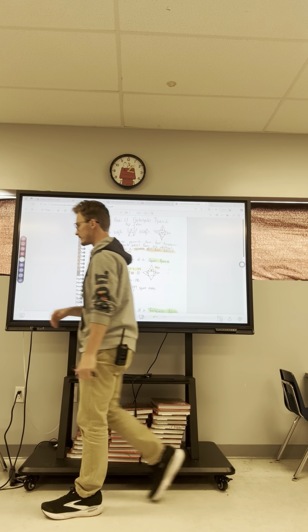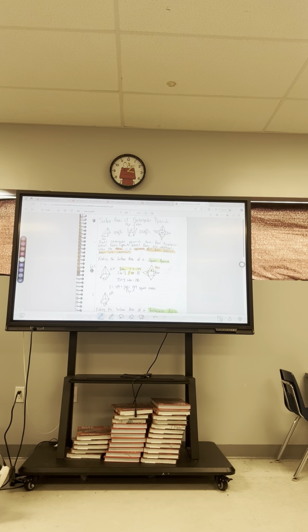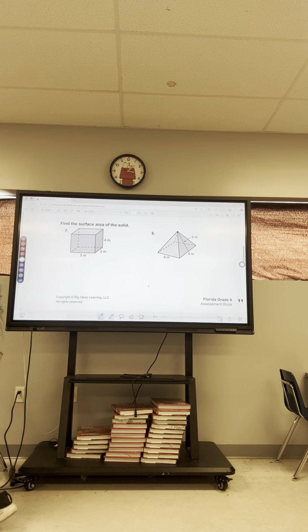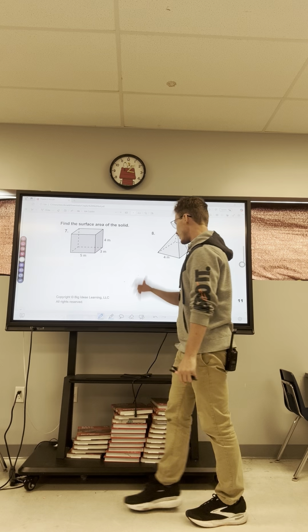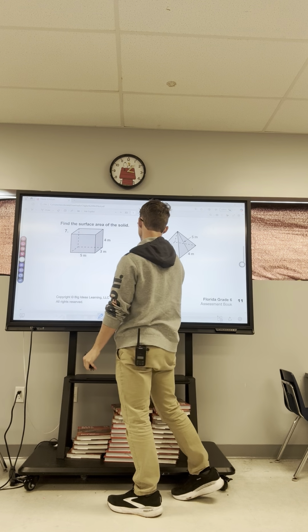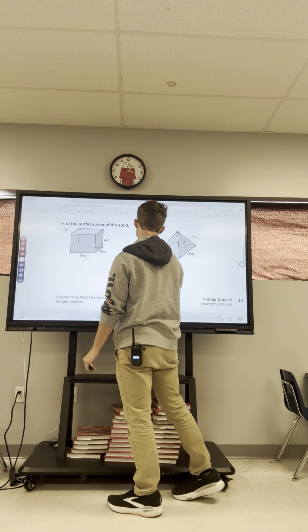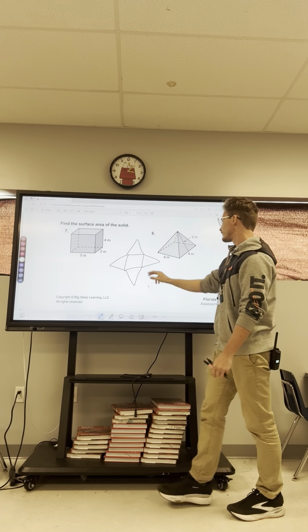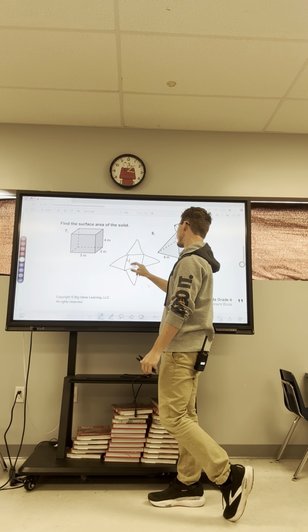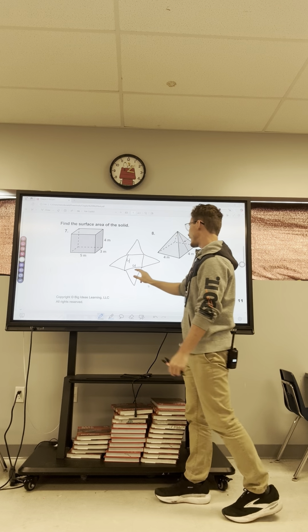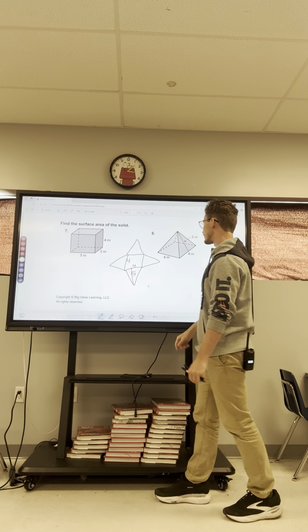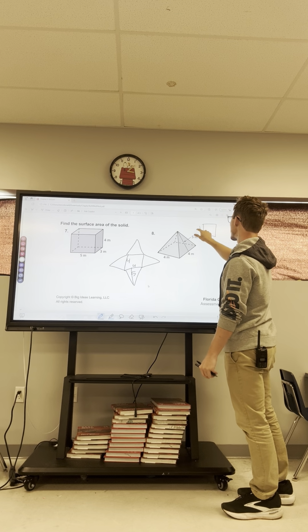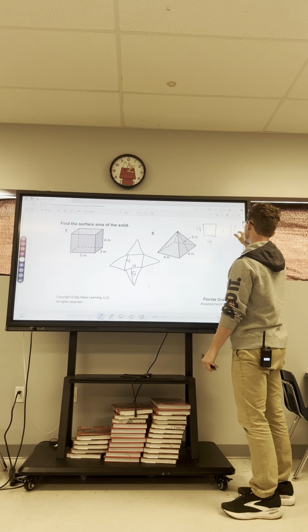So let's go back to our test. And I tell them, draw the shape out, flatten it, anything to show for those visual learners. So I have 4 times 4 on my bottom. And then I have a height of 5, so that's going to be what my triangle is. My square is 4 times 4, which is 16.